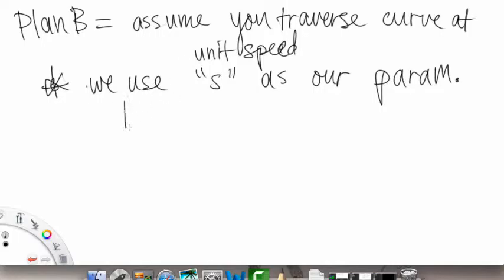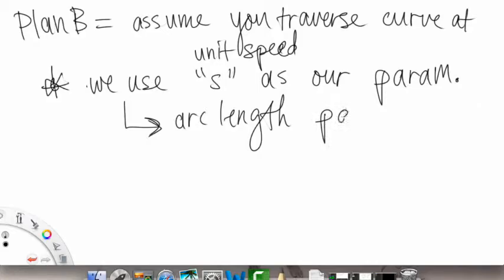This should also ring a bell for something: arc length parameterization. Remember? This was when we reparameterized something in order for it to have unit speed, so a constant speed of 1.